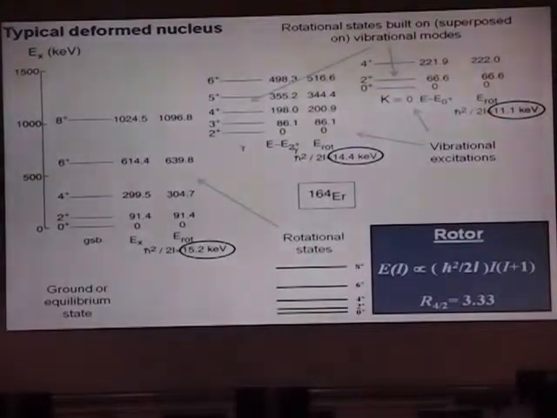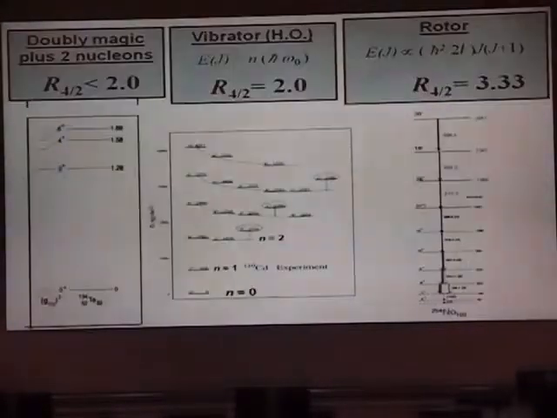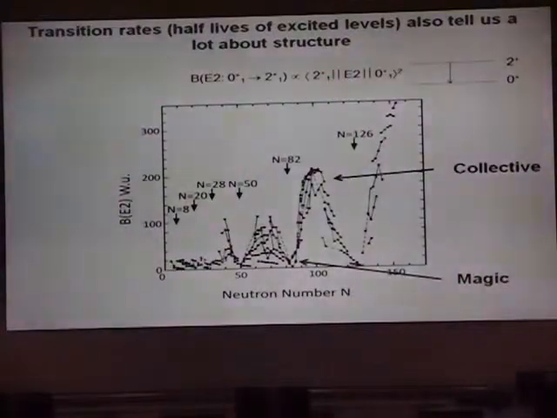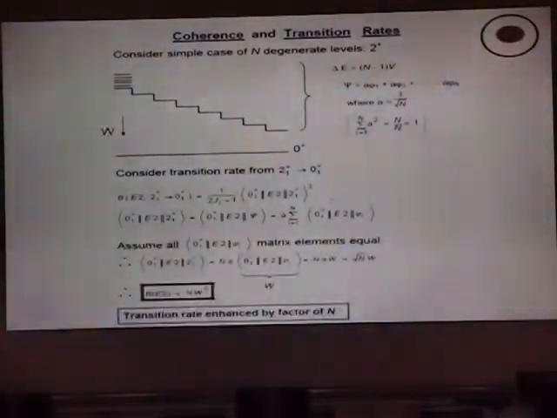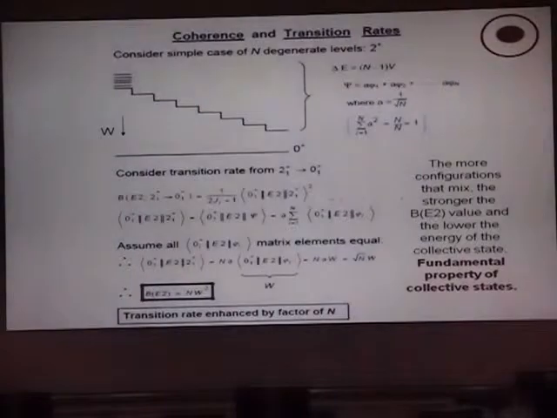They won't be enhanced as much as the rotational states, but they'll still be enhanced. And so it's very typical in the Fermi nuclei to get enhanced BE2 values, and the origin comes from simply this mixing of states and the fact that the components are in phase. Does that answer your question? And it's a fundamental property of collective states.